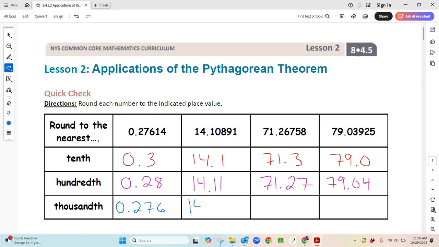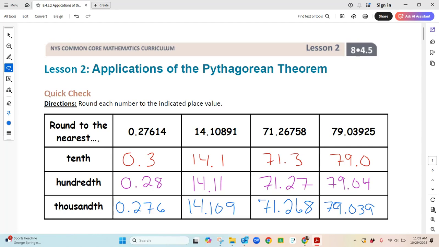Great, you should have had 14.109, 71.268, because 5 is 5 or above, so we gave the 7 a shove, and 79.039.